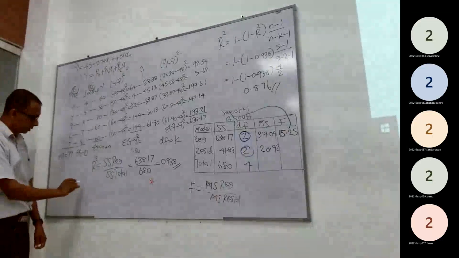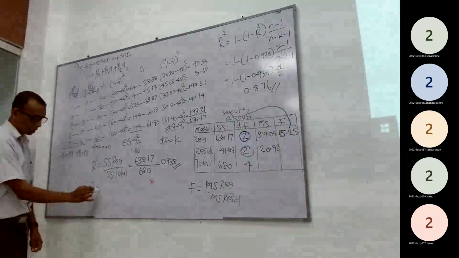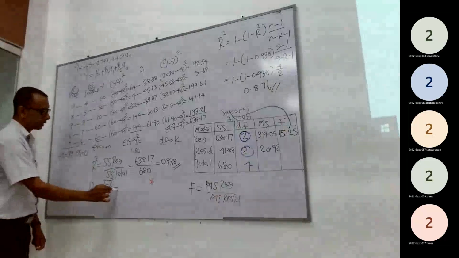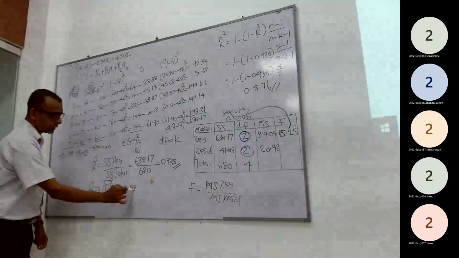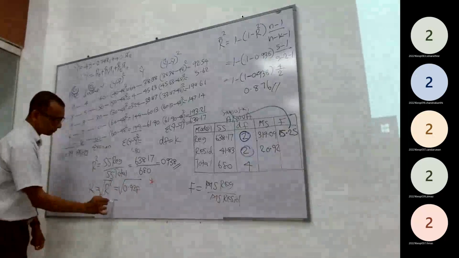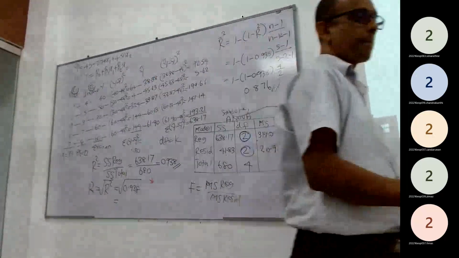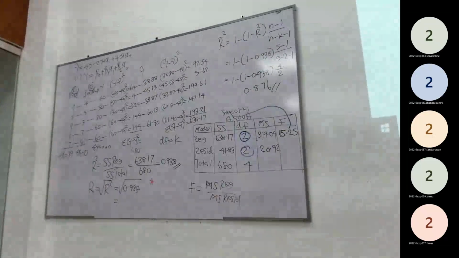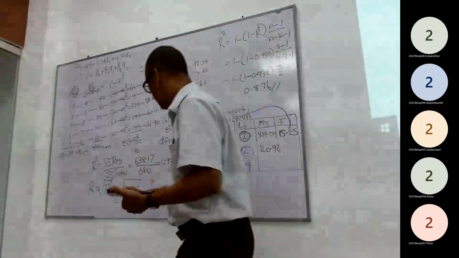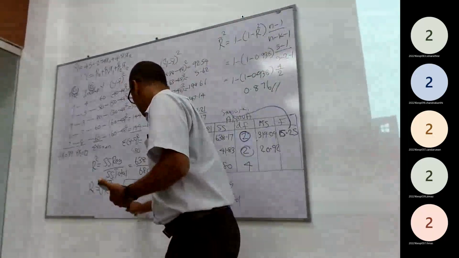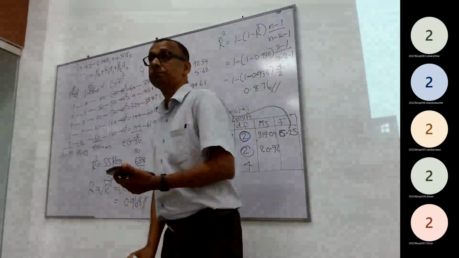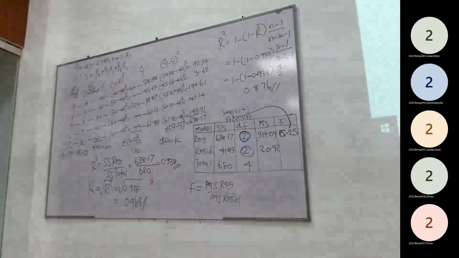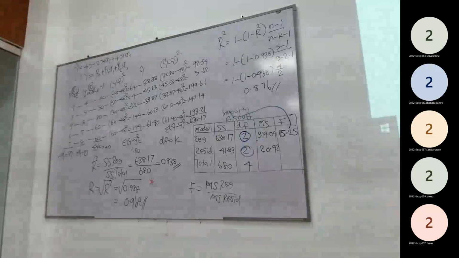Right. Calculate multiple correlation, which is the square root of R square. That is the square root of 0.938, which is 0.968.